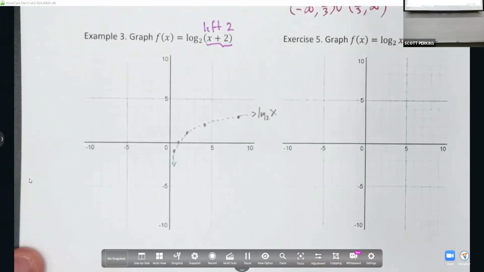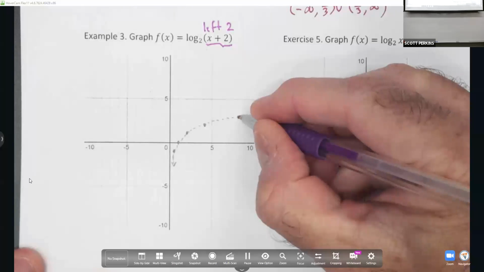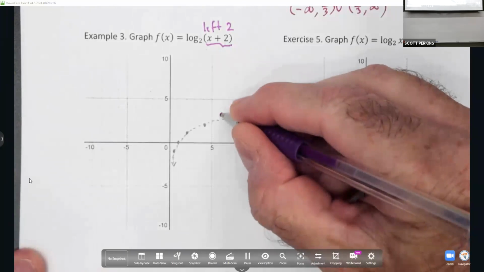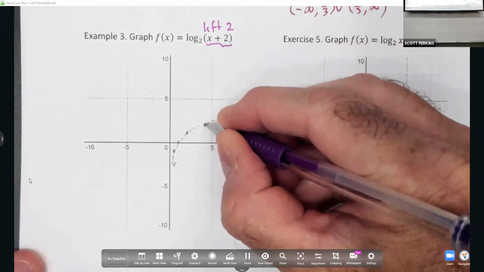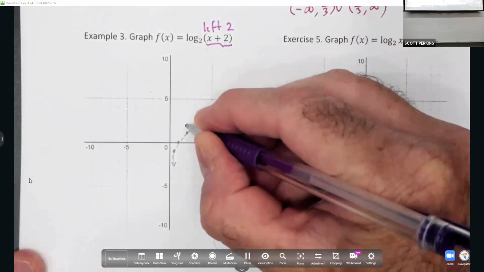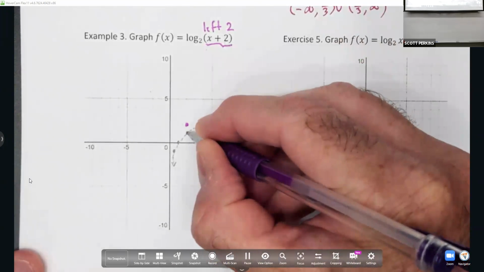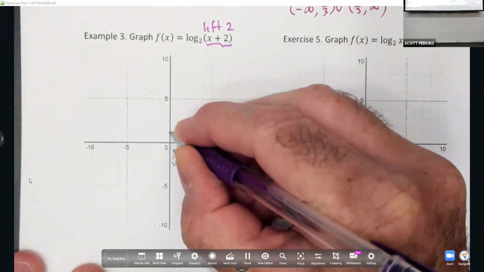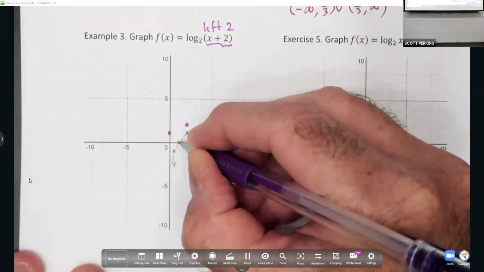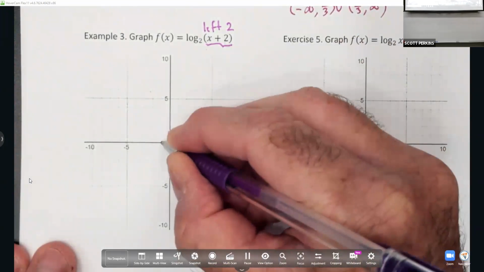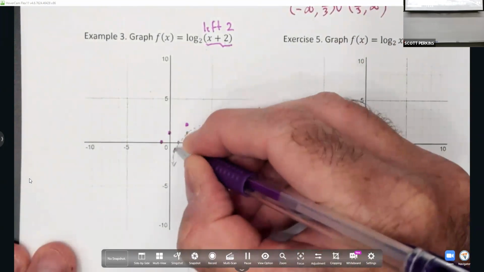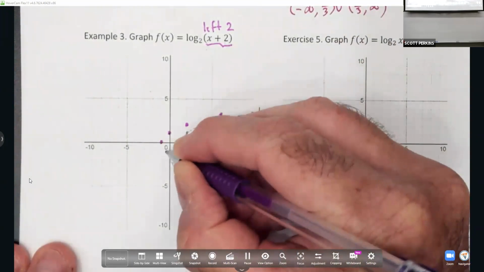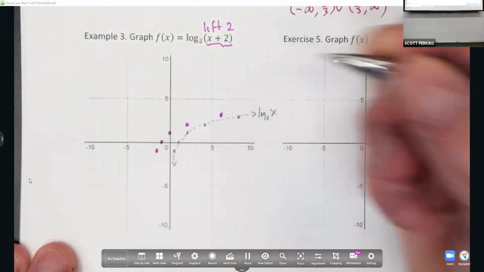So instead of being 8, 3, I'm going to move it back 2, so it's 6, 3. Instead of being 4, 2, I'm going to move it left 2, so it's 2, 2. Instead of being 2, 1, I'm going to move it left 2, so it's 0, 1. Instead of being 1, 0, when I move it left 2, it's negative 1, 0. And then instead of being a half, negative 1, I move it back, so it's going to be negative 1.5, negative 1.